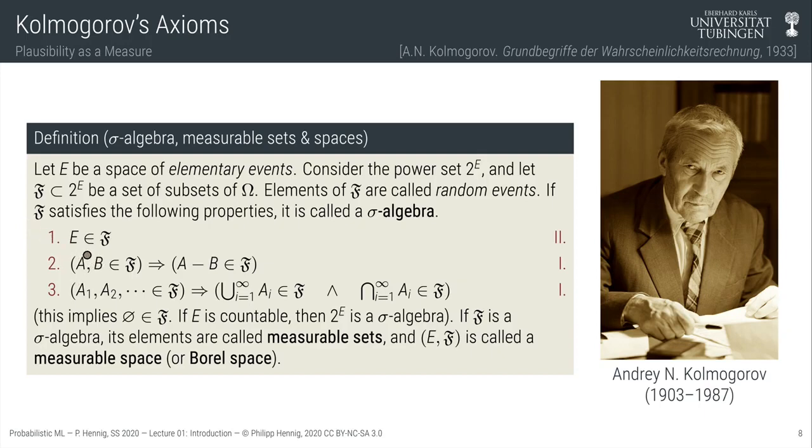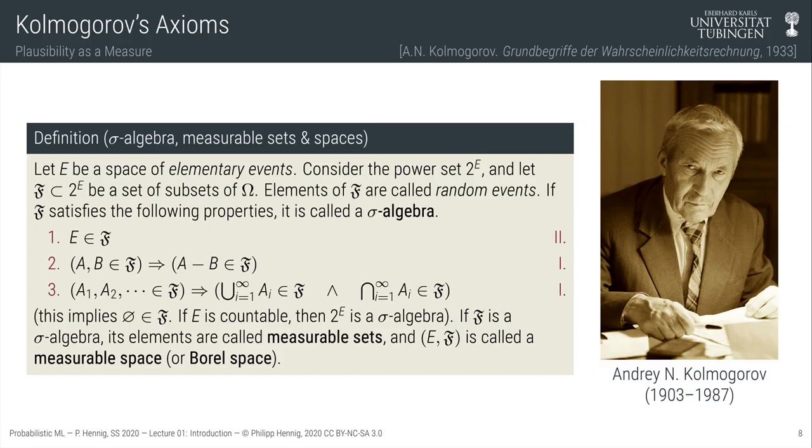If we have two sets from F, then F is closed under their difference and countable unions and countable intersections of these sets. So the difference to Kolmogorov's definition here is actually the infinity, that we allow countable but unbounded unions and intersections. That's why this is called a sigma algebra and not a field of sets, if you like.